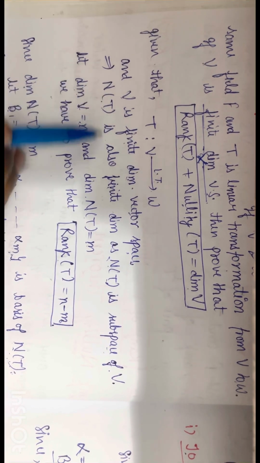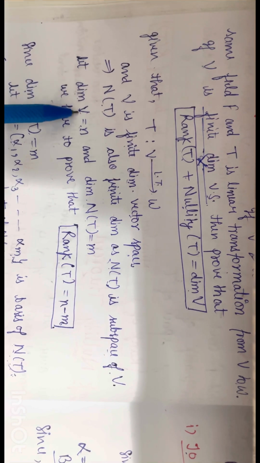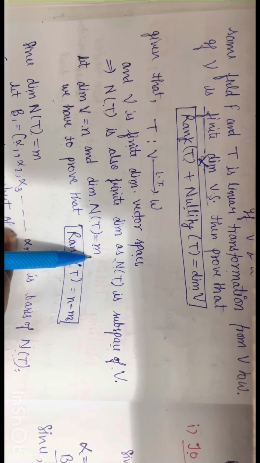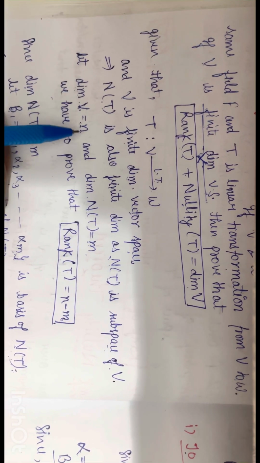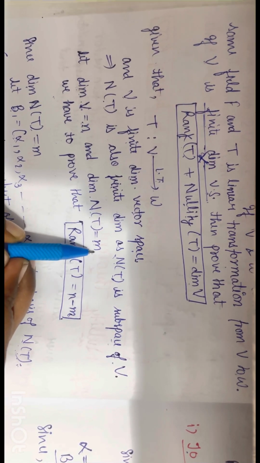So it can be proved by theorem. Then let the dimension of V be n and the dimension of null space be m. It means the basis of vector space V will contain n elements and the basis of the null space will contain m elements.